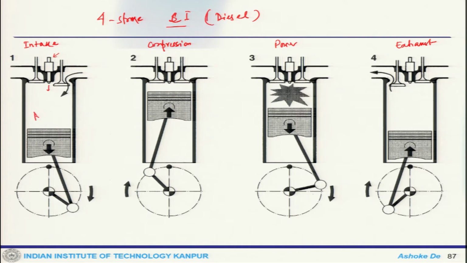So, the cylinder only contains air. Intake air comes in, then compression takes place, where the reaction is initiated, and then finally expansion, and the exhaust goes off. This is how the different cycles work.